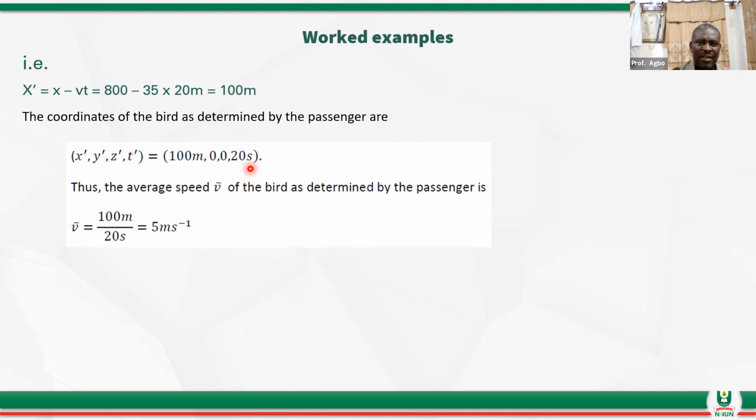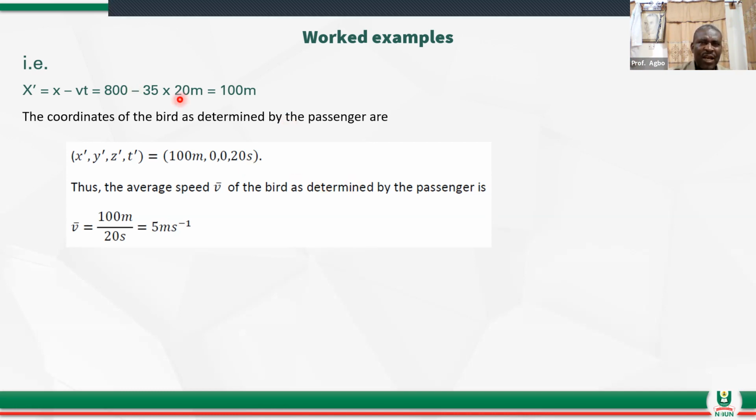It's 20 seconds, but I have already converted it into meters. So you now have 800 minus 35 times 20. Of course, that will give you 700. So 800 minus 700 will give you 100 meters. So the person in the prime frame has his own measurement of 100 meters.